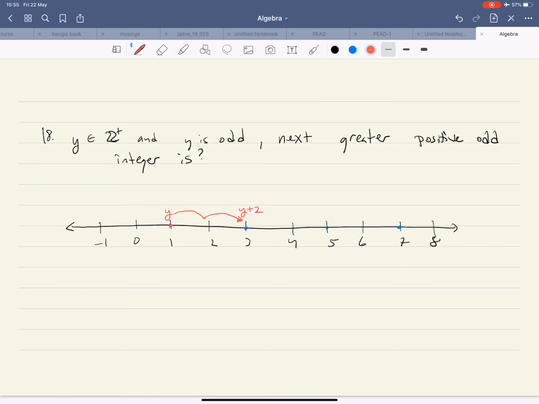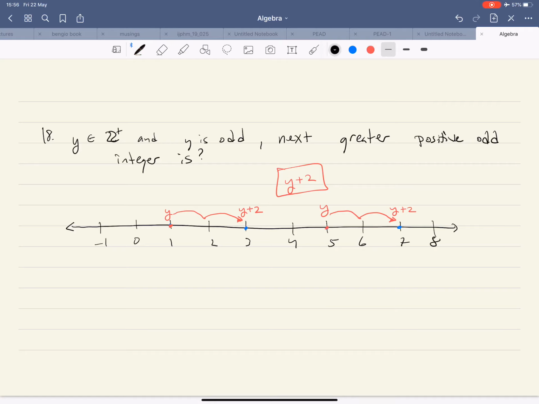If y is 5, and I want to go to the next greater positive odd integer, I'm again going to go 2 units down the number line and sit at y plus 2. Okay? So my next greater positive odd integer is going to be y plus 2. Okay?